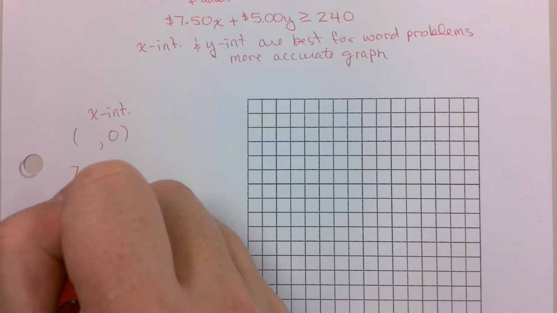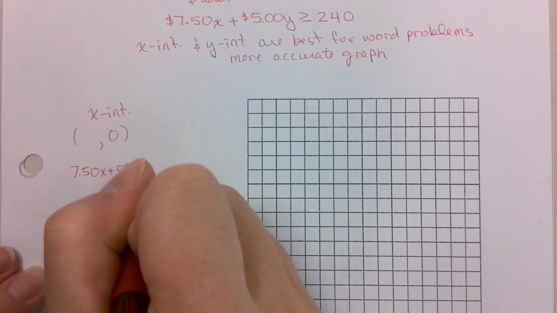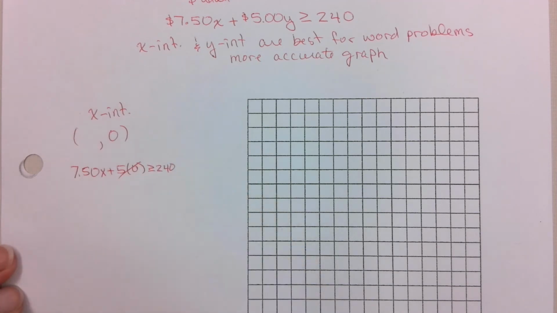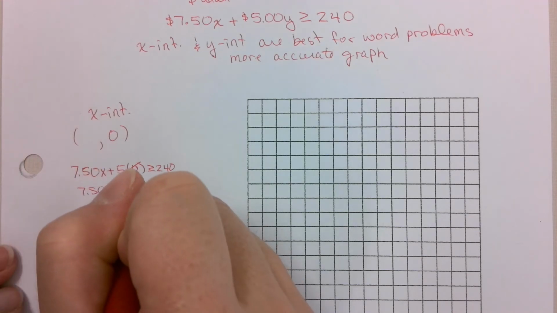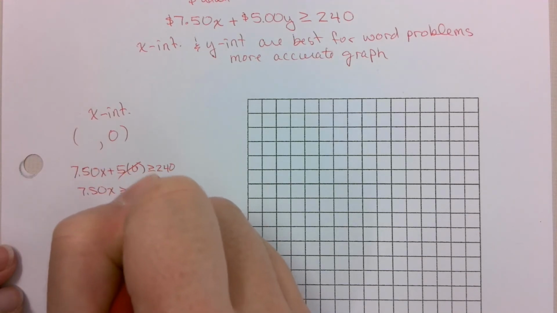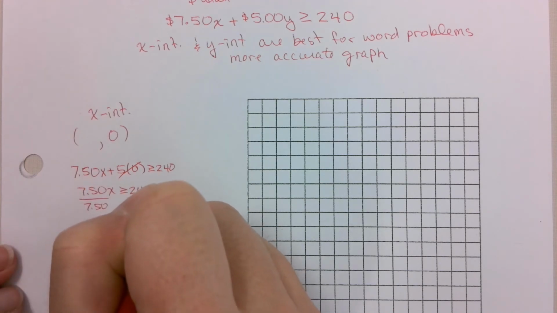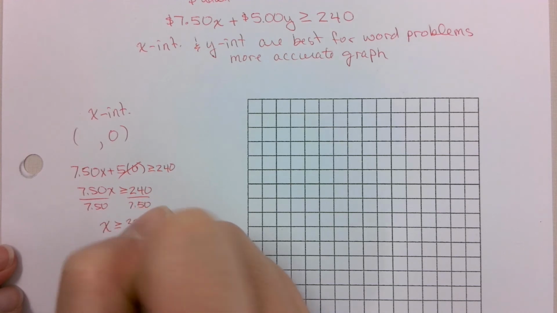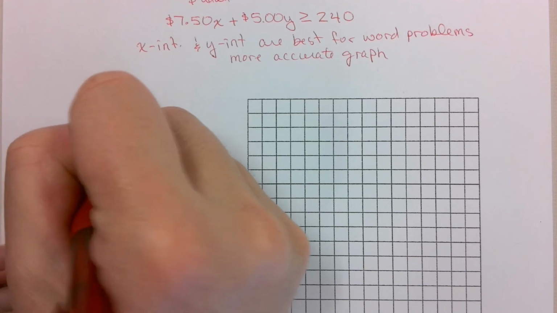So 7.50 times x plus 5 times 0 has to be greater than or equal to 240. So that's going to cancel out. I get 7.5x is greater than or equal to 240. Go ahead and divide. And we get x is greater than or equal to 32. So we're going to come back and use that, but let's make that our ordered pair of 32, 0.